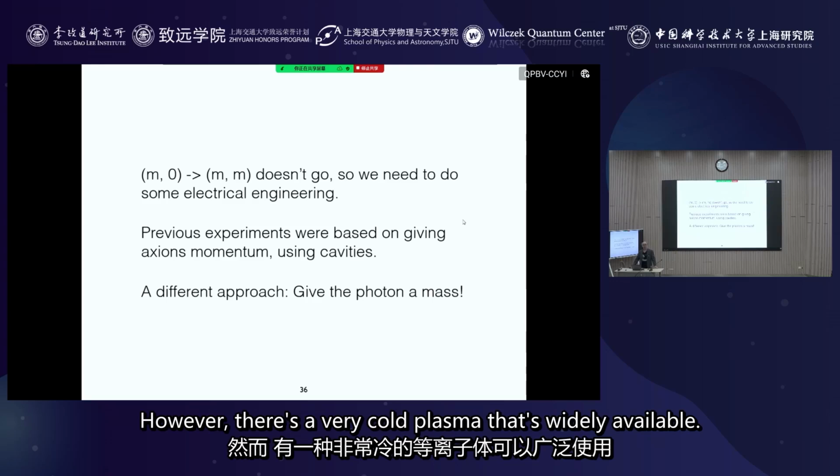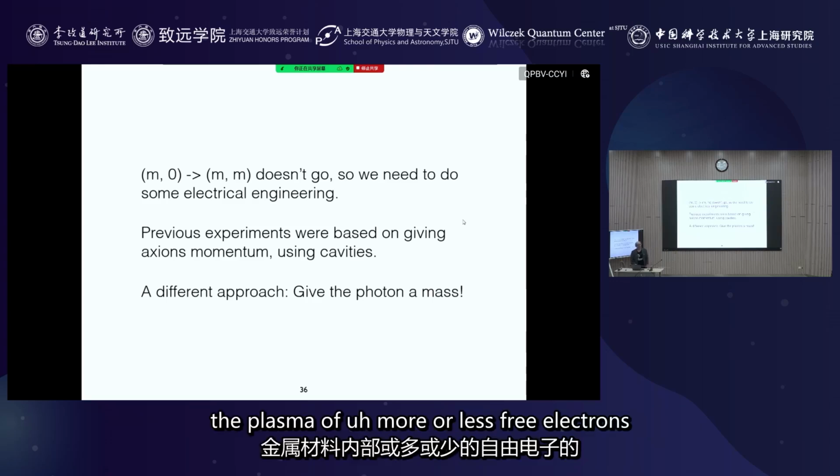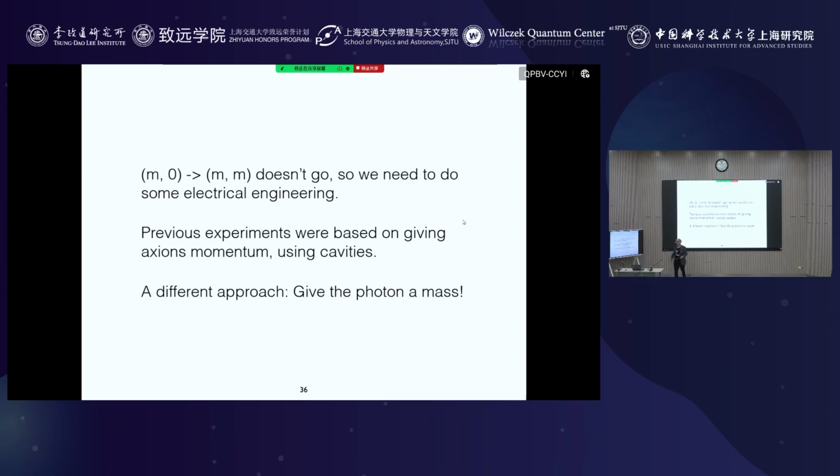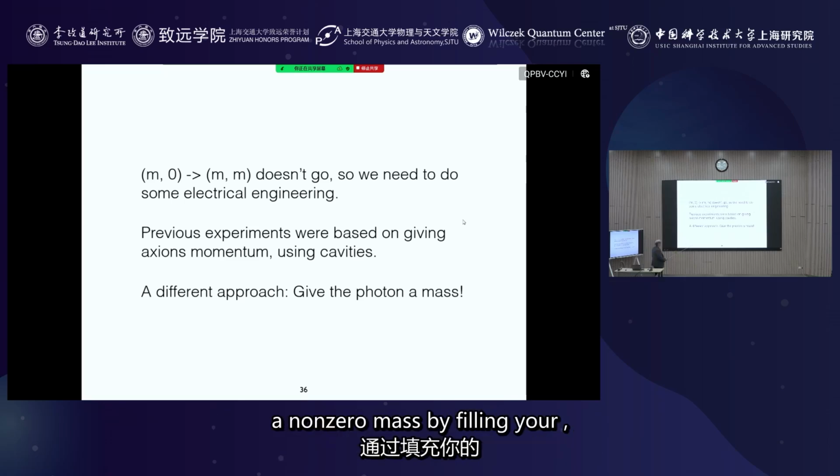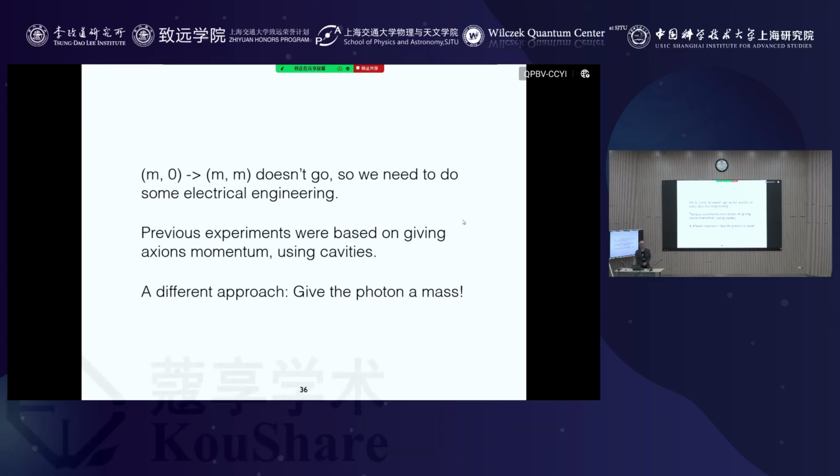However, there's a very cold plasma that's widely available, namely the plasma of more or less free electrons inside a metallic material. So that's a way of getting the photons to have a non-zero mass by filling your resonator with that kind of cold plasma.